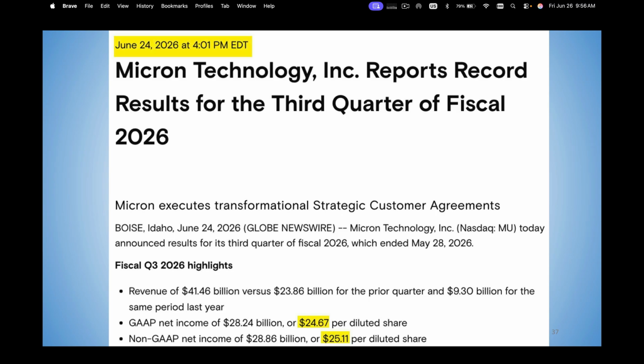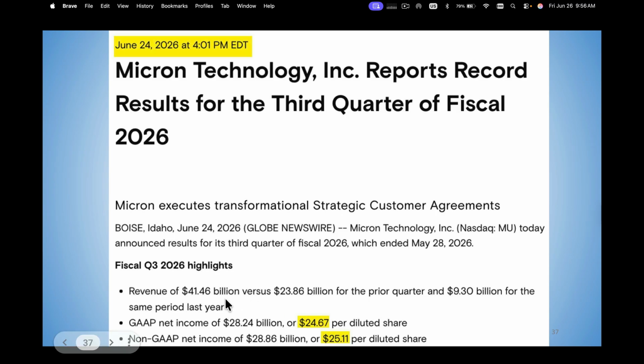On June 24th, 2026, at 4:01 p.m., that is 1 minute after the market closed on the east coast of the United States, Micron issued their press release. Micron, which is an older company in the United States, but looks to be growing like a weed in terms of revenues and profits.